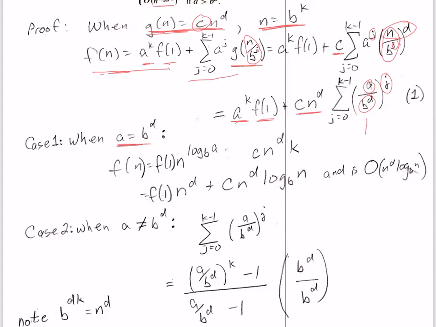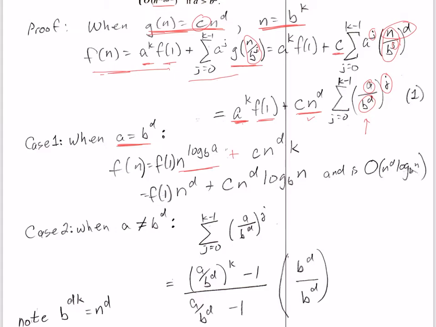Well, in that case, the argument for my exponent is just going to be 1, and I'm going to be summing up c times n to the d, k times, so I'm missing a plus there. And recall that a to the k is equal to n to the log base b of a from the earlier proof.